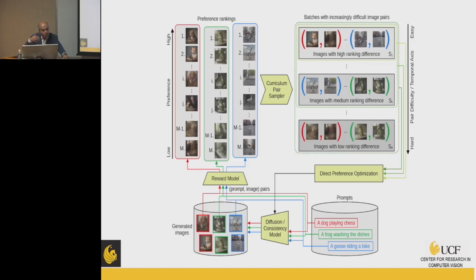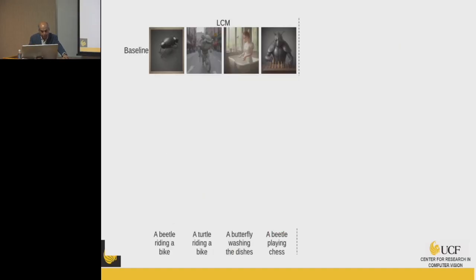So we have this post-training method where we get a reward model to say how well these images reflect the prompt, and then we organize them into hard, medium, and easy cases and use curriculum learning to improve that.